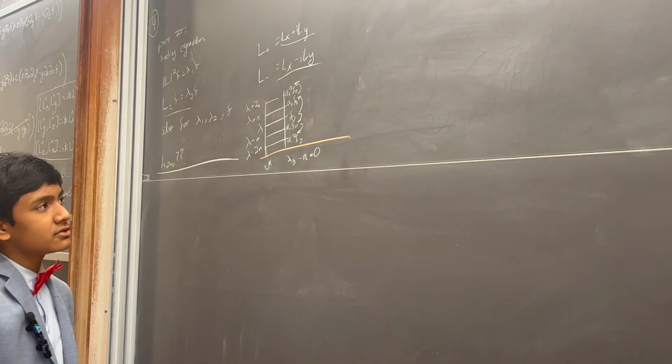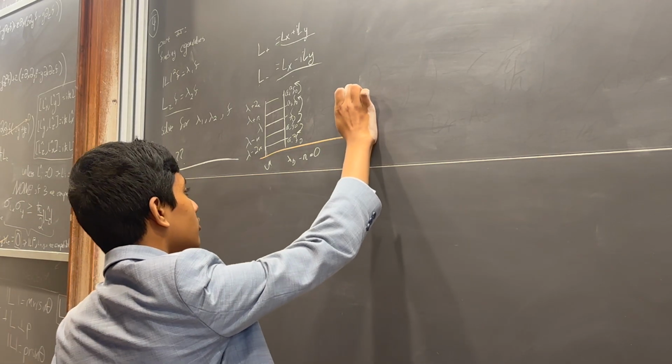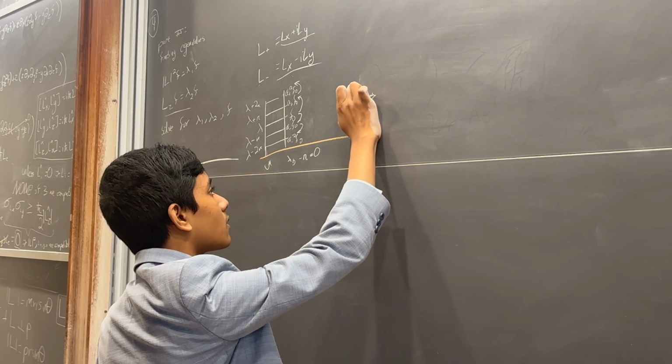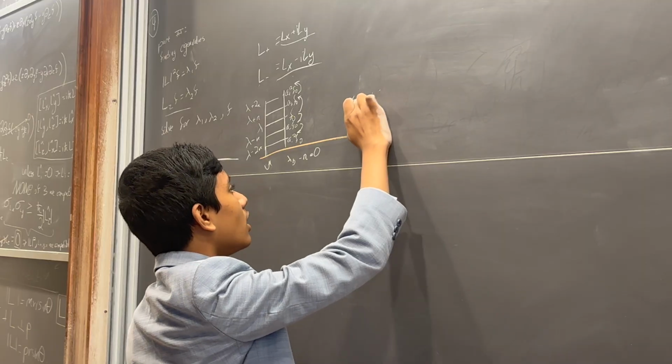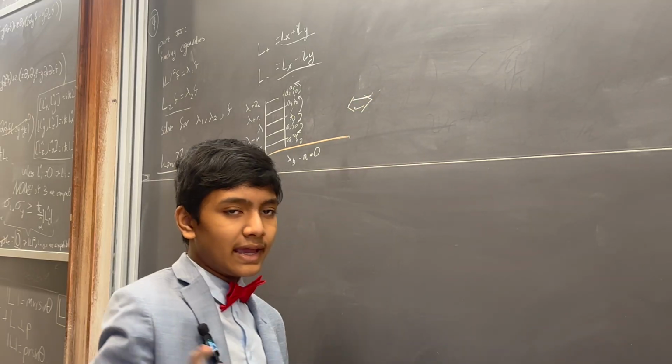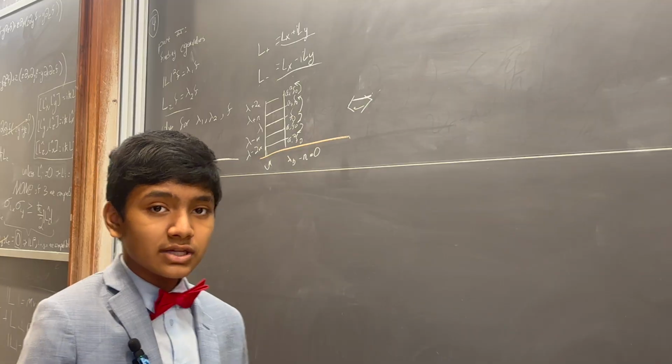Now, we're going to be doing something very similar with our ladder. But instead of having just a bottom, there's going to be both a top and a bottom. We'll see why in just a moment.